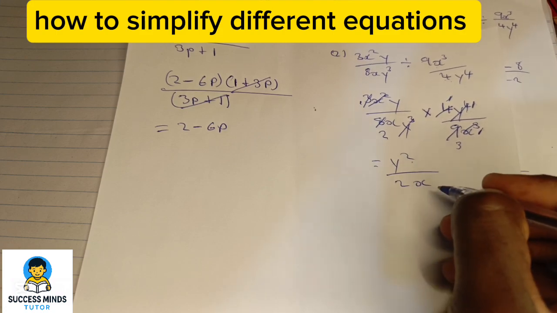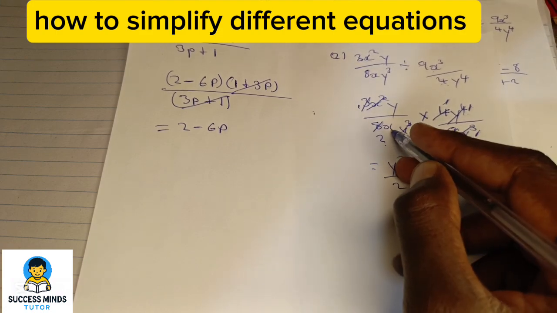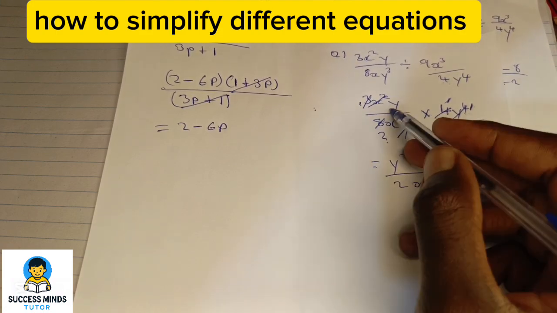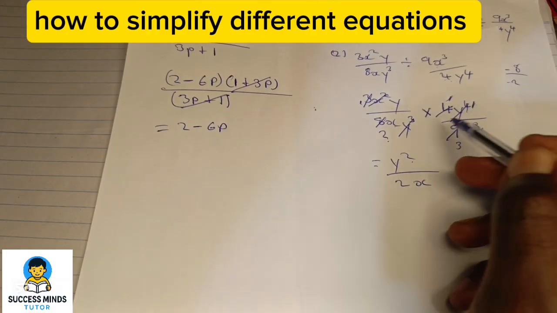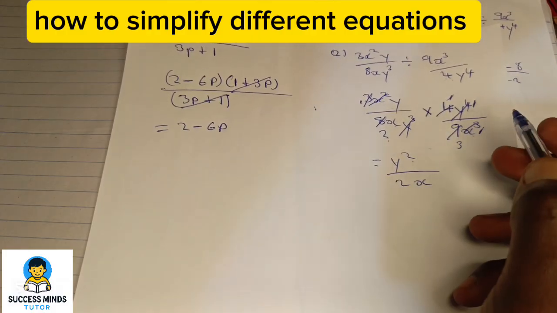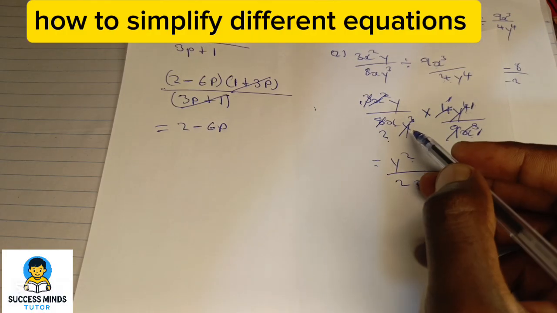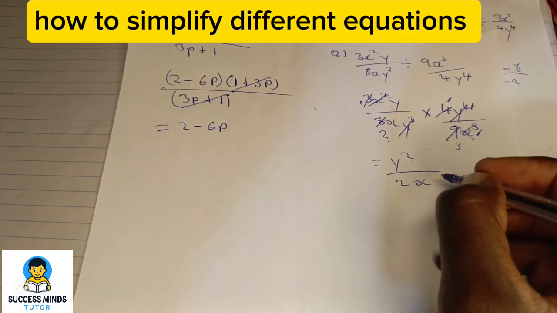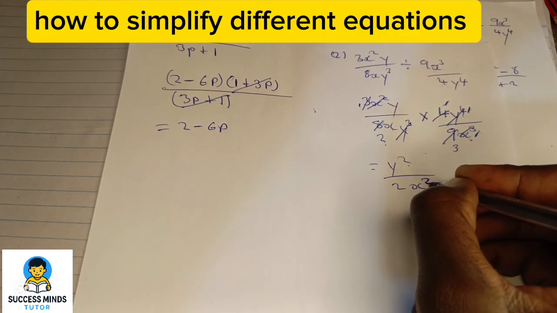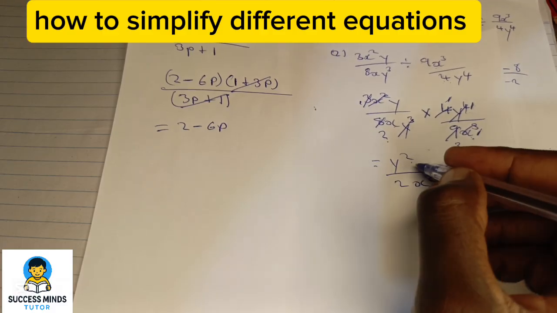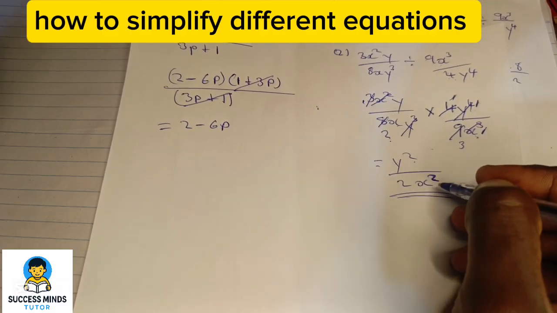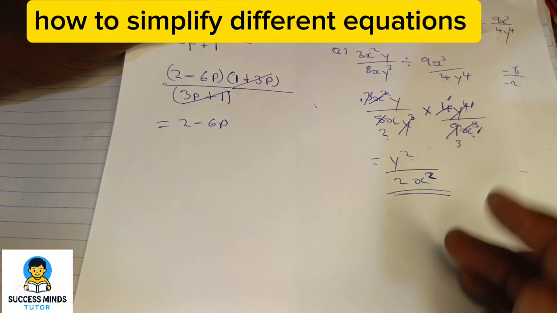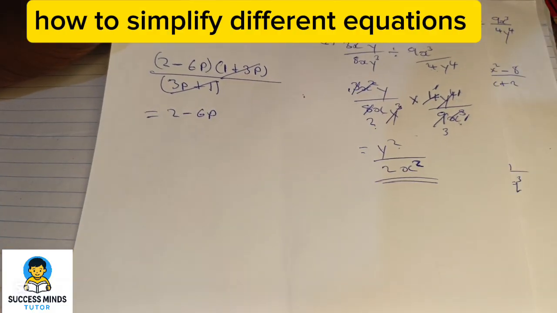Here there is an x that remained while we were dividing, so we remained with 1x there, and with the 2x, there is 1x there as well. So we also have 2x squared. This is our answer.